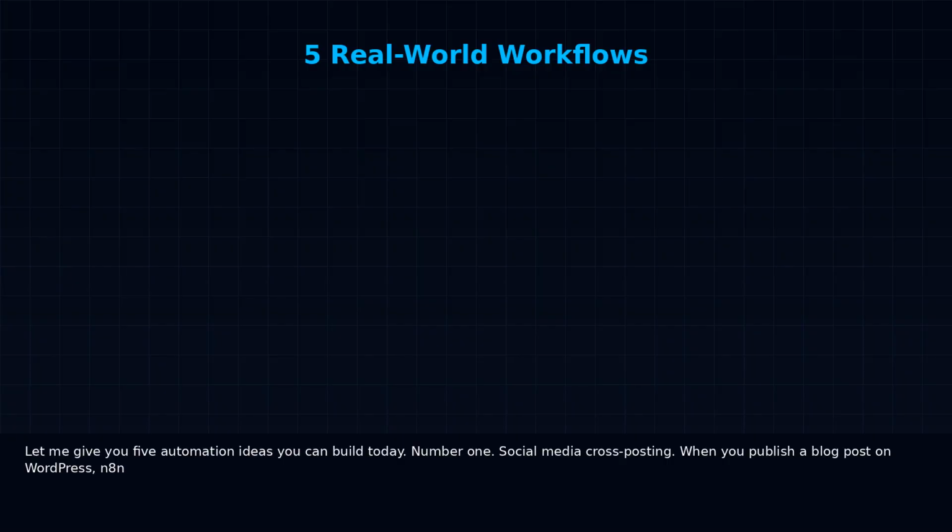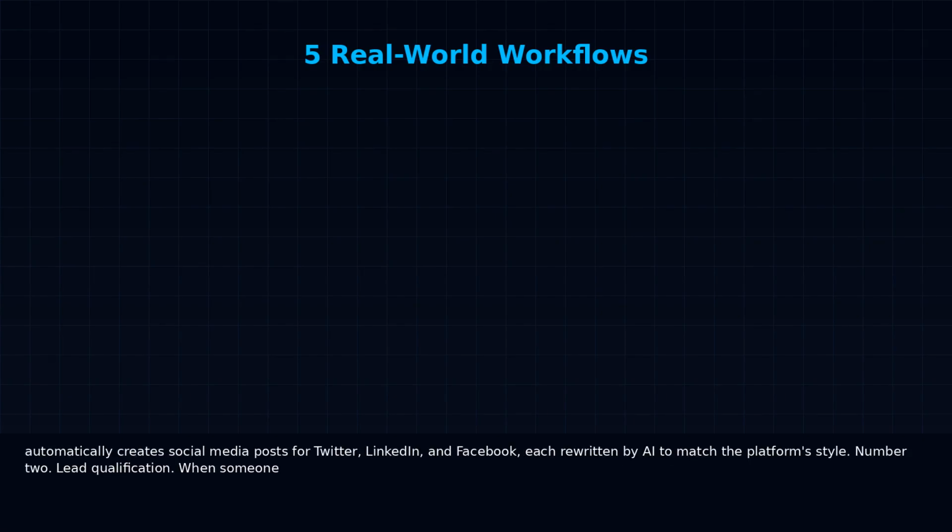Let me give you 5 automation ideas you can build today. Number 1. Social media cross-posting. When you publish a blog post on WordPress, n8n automatically creates social media posts for Twitter, LinkedIn, and Facebook, each rewritten by AI to match the platform style.